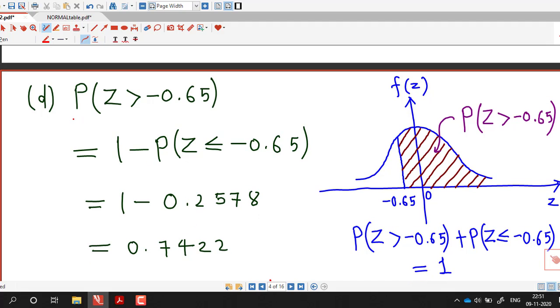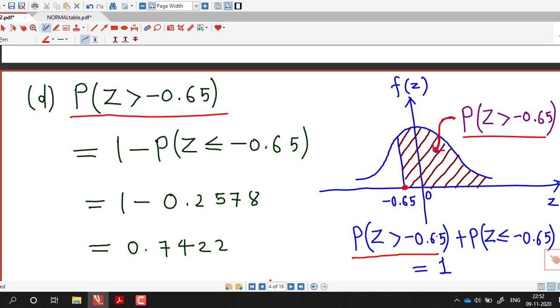Next one is the probability that Z is bigger than minus 0.65. You can see this is minus 0.65 and Z is bigger than minus 0.65. That means the area to the right of Z. This shaded area is the probability that Z is greater than minus 0.65.